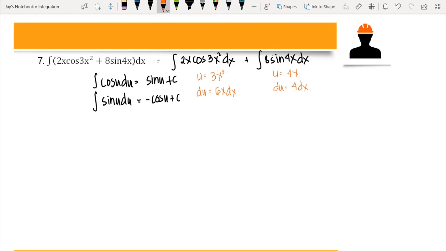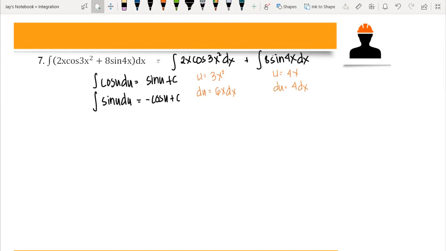Okay, so we have to introduce a multiplier, then have its reciprocal multiplied outside of the integration. But first, since we have constant 2 and constant 8 here, we have to move those constants outside of the integration.